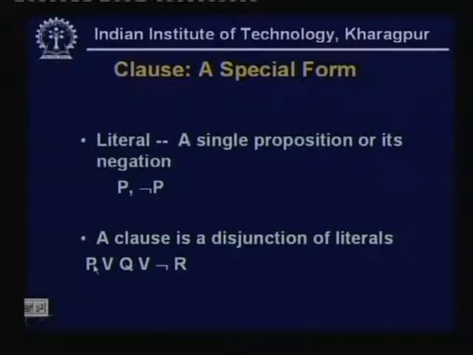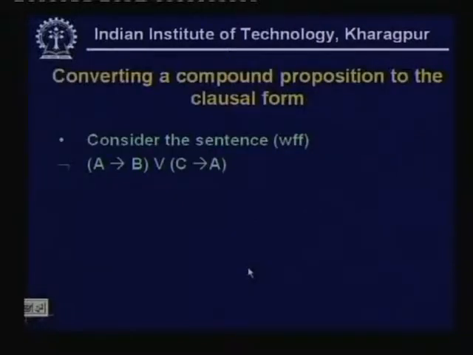So, P or Q or not R is a valid clause. This is a particular form that is very useful for inferencing. Given any proposition, can we convert it to clausal form? The representation in the form of a clause is called a clausal form.